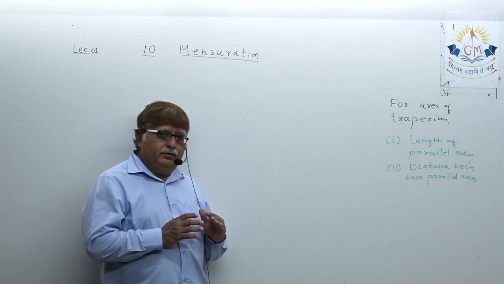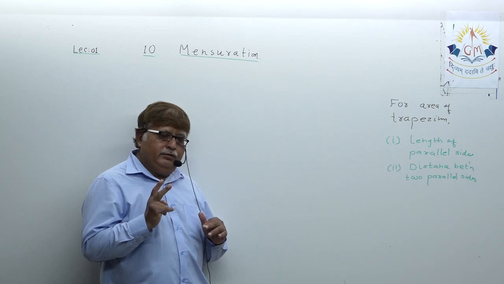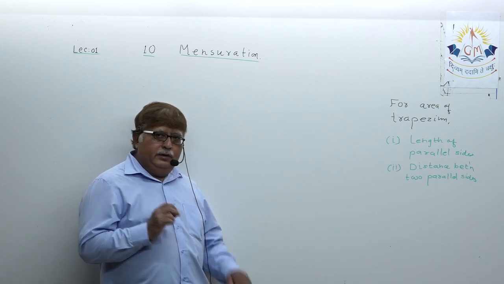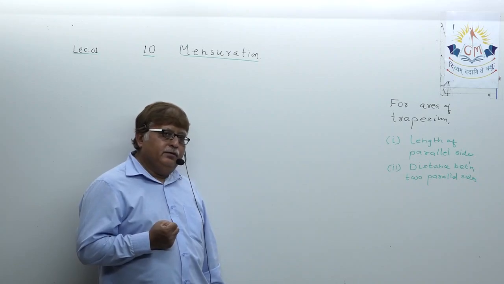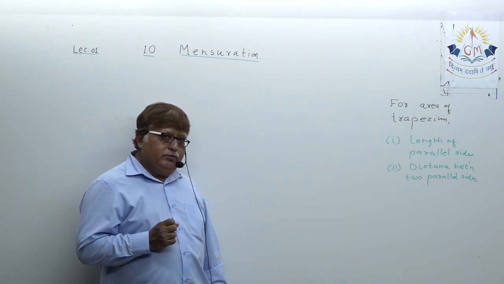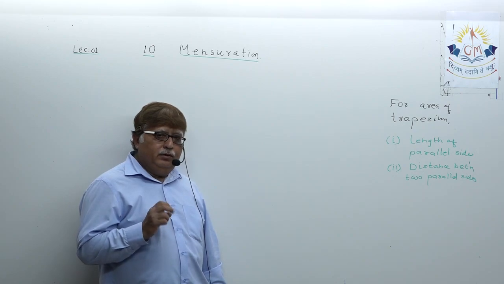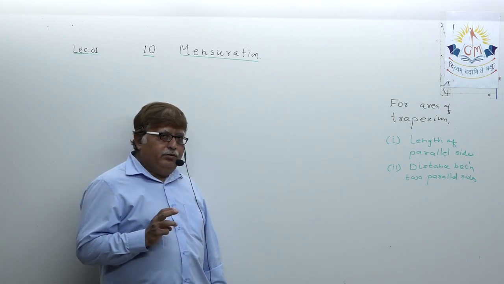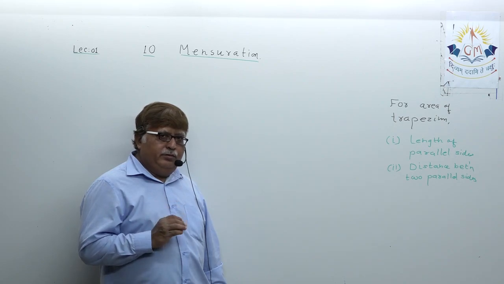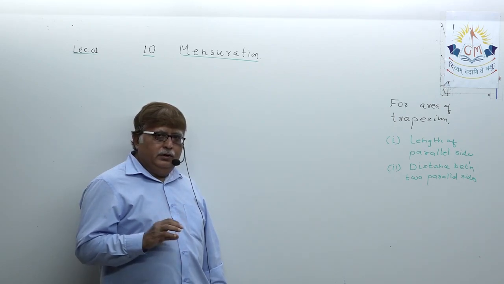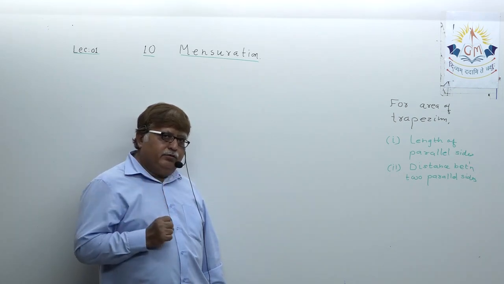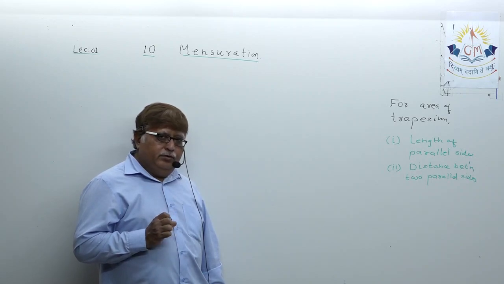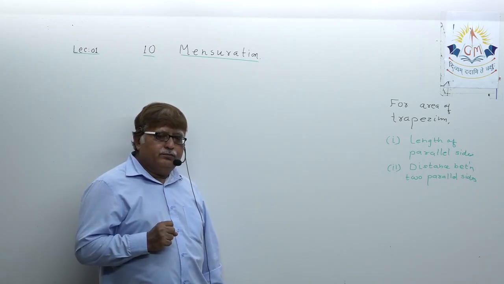If you have knowledge about these two things, you are able to find area of any trapezium. What we are going to do today is that I will solve back to back three examples. Maybe they are looking similar with some minor alteration of the data, but I will solve back to back at least three examples for you.